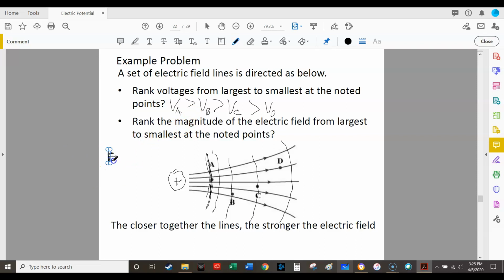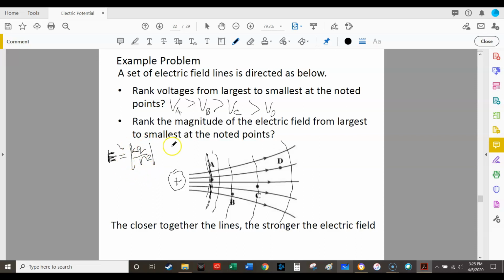This is supposed to be an E. Electric field is equal to KQ over R squared, absolute value, right?